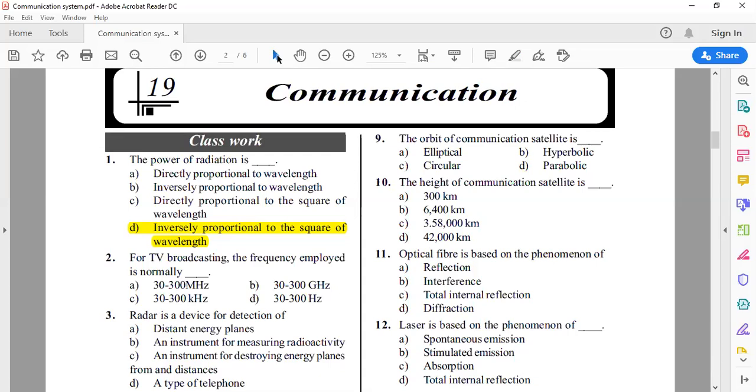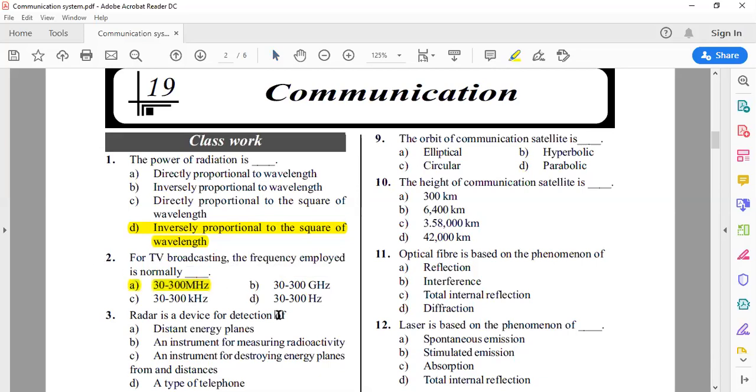So the possible frequency band for television broadcasting is 30 to 300 megahertz. So for question number 2, the correct option is option A.